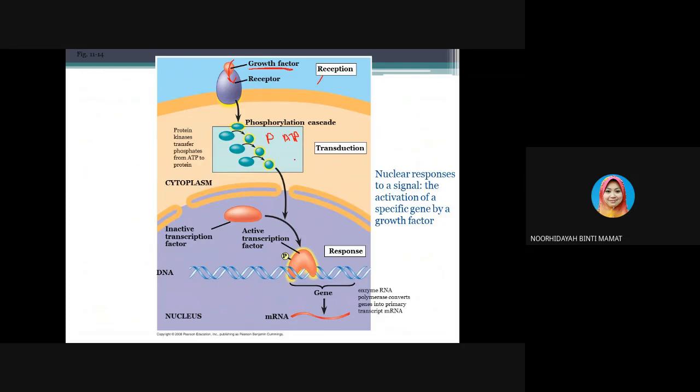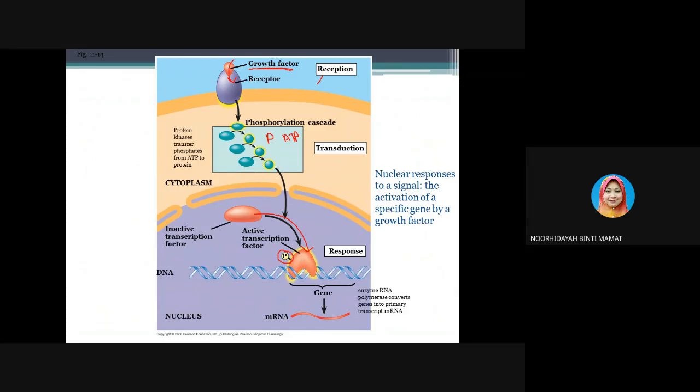Then it will relay the molecules to the enzymes, and it will become the active transcription factor, where the phosphate attaches to the factor here.